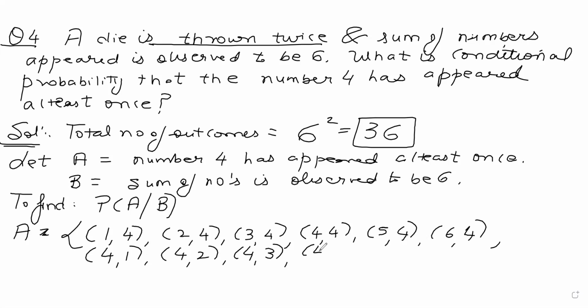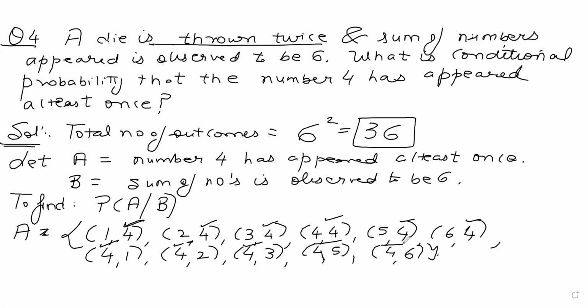So 4 5 and then 4 6. This is my event A, where you can see number 4 has appeared at least once. Either number 4 can appear when the die is tossed the second time, or when the die is tossed the first time.